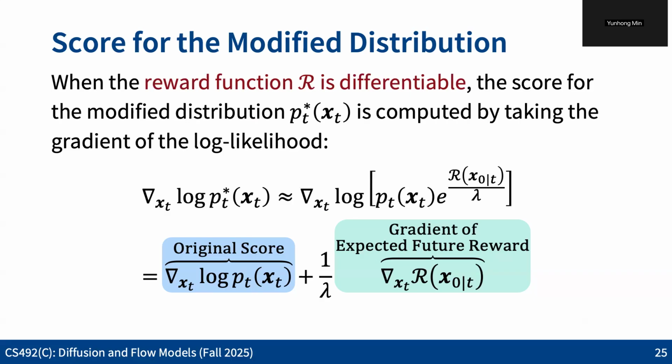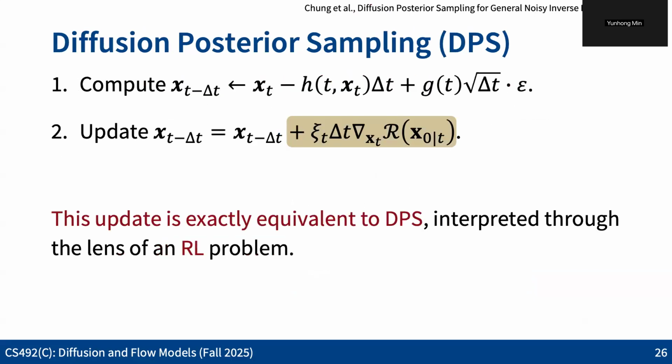Makes sense? Then what we can see is that in the continuous formulation, that becomes the same thing as this. Last time we have seen that the inverse problem can be seen as defining the reward function as the minus of the L2 loss, right?